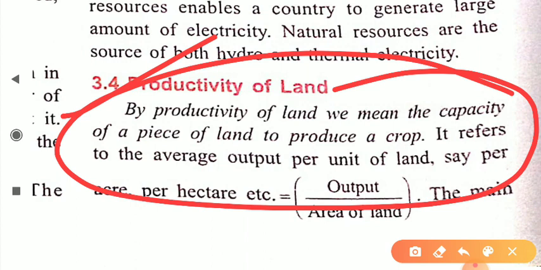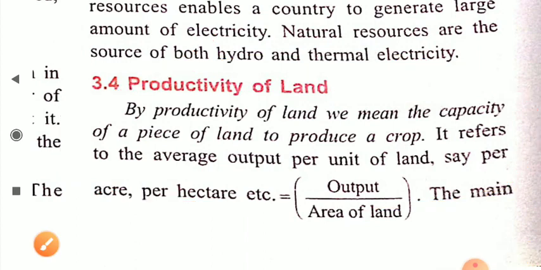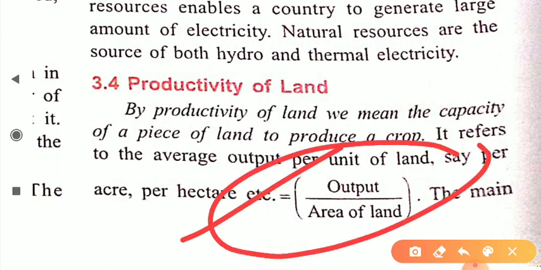It refers to the average output per unit of land. So that's why there is a formula for calculating this, which is per hectare. You can say that productivity equals the total output divided by the area of land.